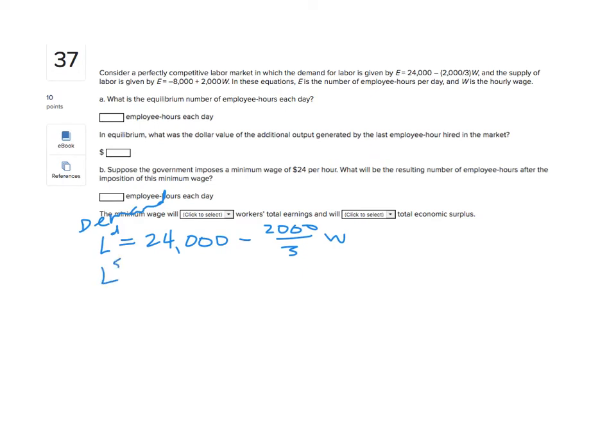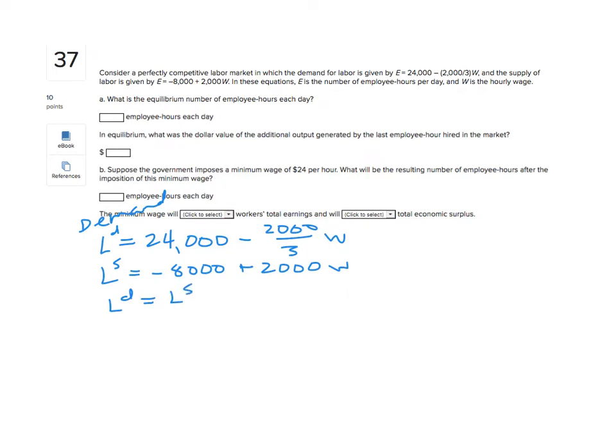Labor supplied is equal to negative 8,000 plus 2,000 times W. And the equilibrium condition in factor markets is that labor demand is equal to labor supply.